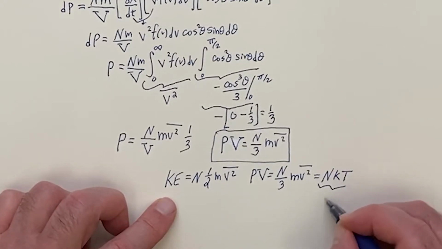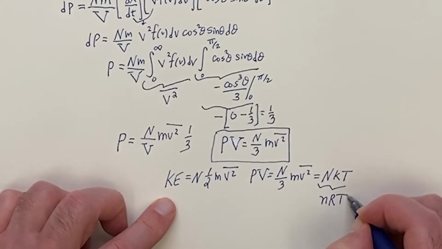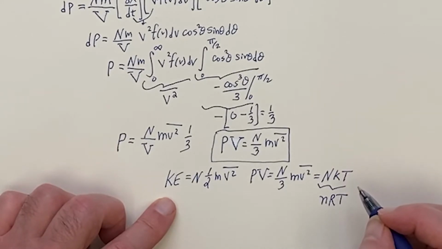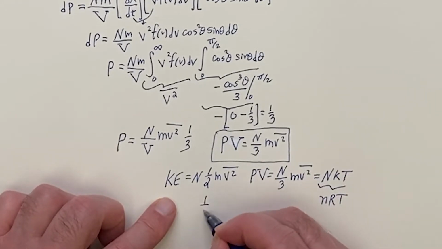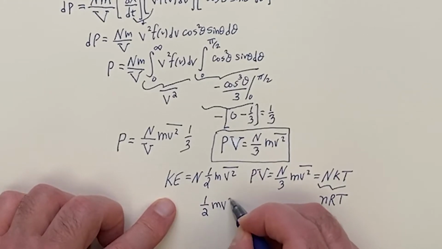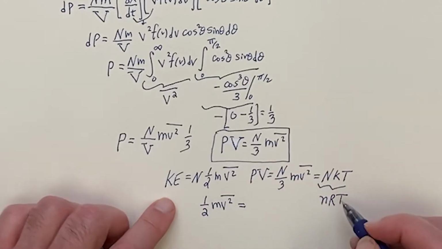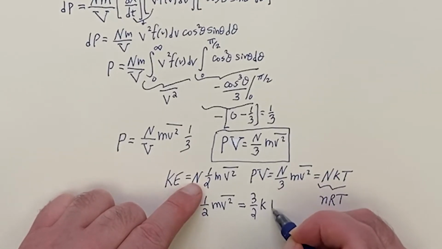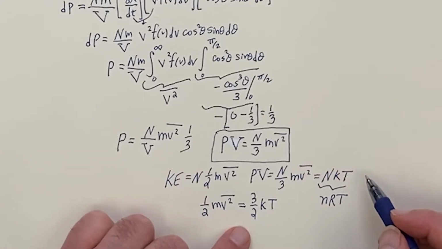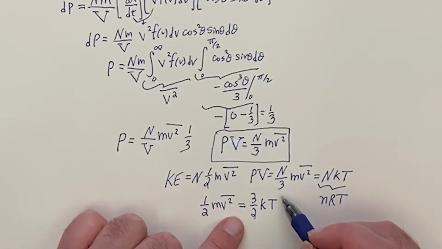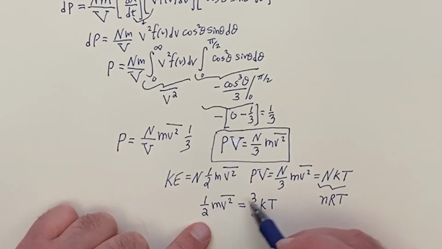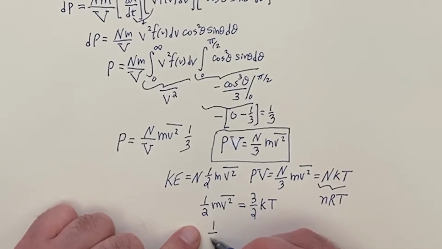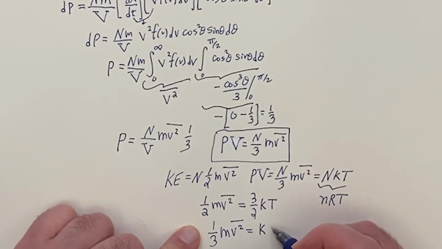And then we could also define this as the number of moles times R times T. And by doing that, what we are saying is that 1/2 mv squared, the average, if we look at this thing, this has to be 3/2 kT. So the way to see that is if you were to bring the 2 over to the right, the 2's would cancel, and you'd bring the 3 down here, you'd have 1/3 mv squared bar is kT.